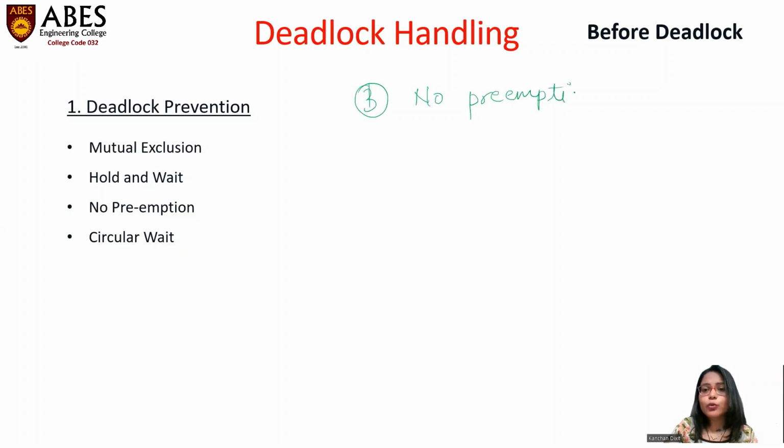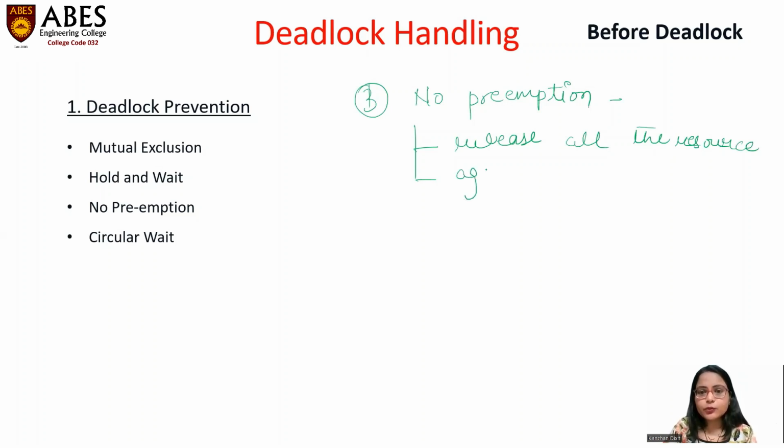We have to make a rule that if any process is not getting the resource approved by the system, then it will have to release all the resources, and it will again request all of the resources it requires for its execution. Release all the resources and then request again, right?